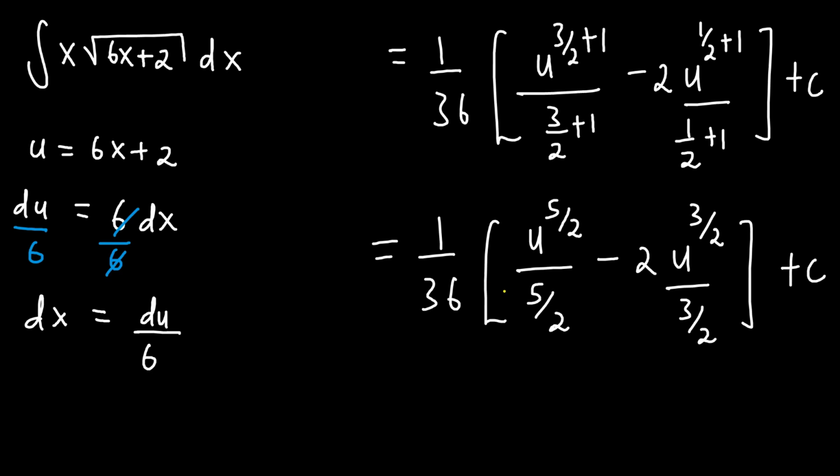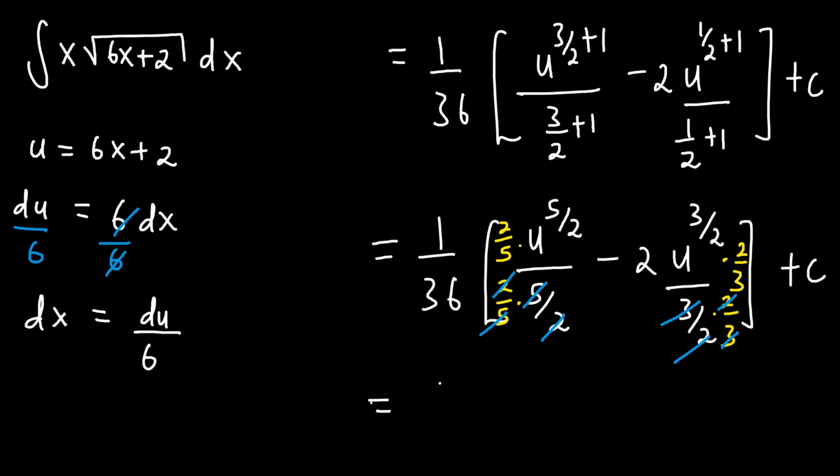And at this point, let's multiply this by 2 divided by 5 and also multiply this by 2 divided by 5. And then multiply this by 2 divided by 3 and this by 2 divided by 3. This 3 will cancel with this and then this 2 will cancel with that. And for this, 2 will cancel with this and this 5 will cancel with that.